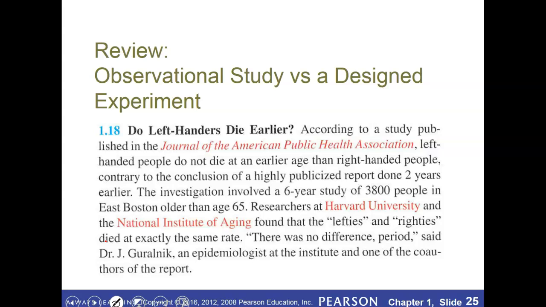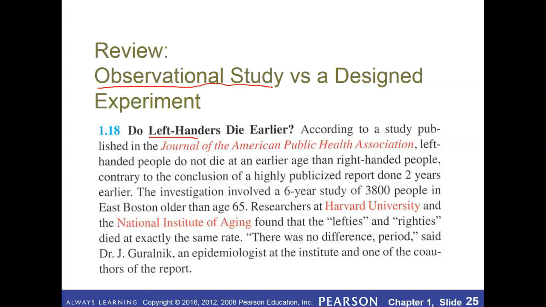So is this an observational study or a designed experiment? There are two groups here, left-handers and right-handers, but it is an observational study because the researchers did not put them into these two groups. They did not impose treatment on one group and not another group.